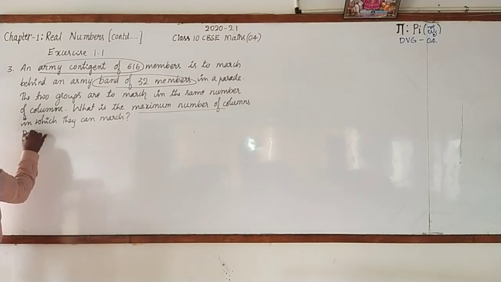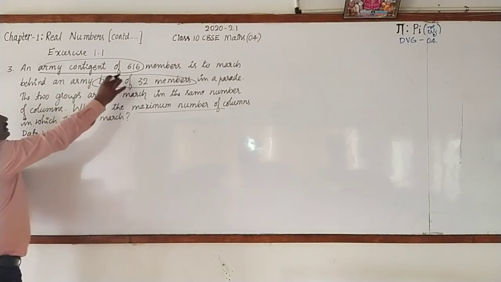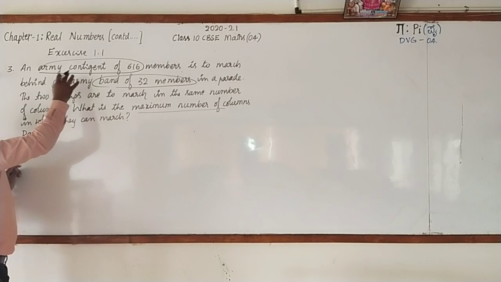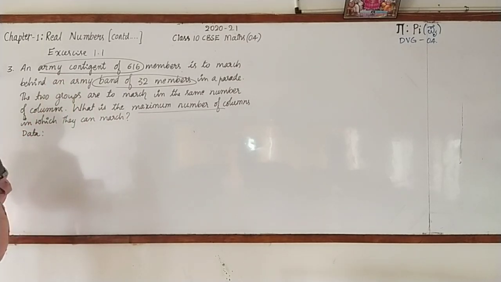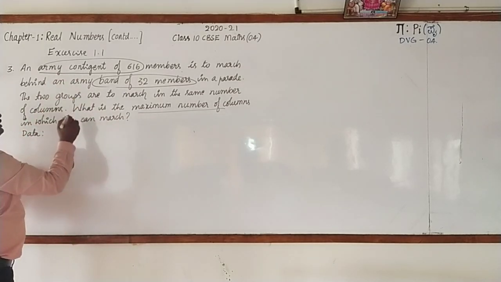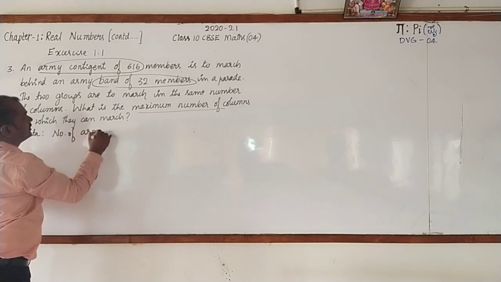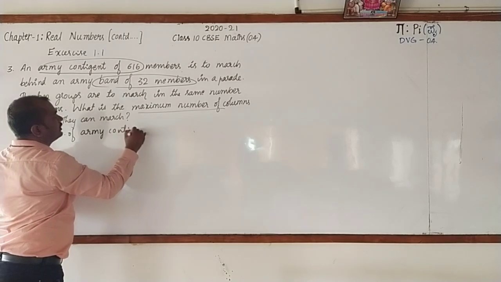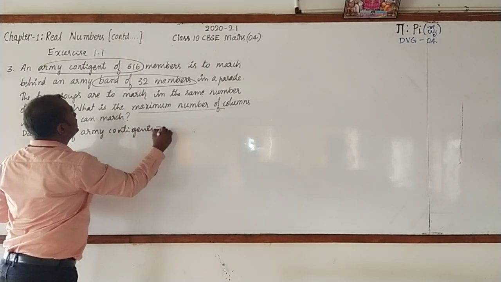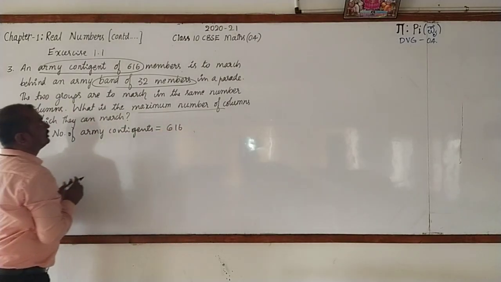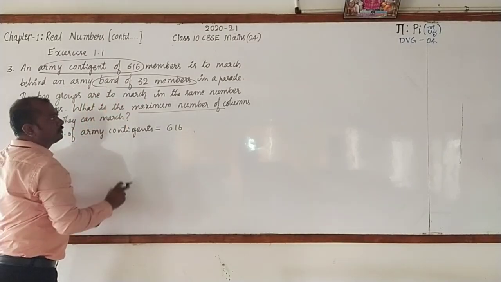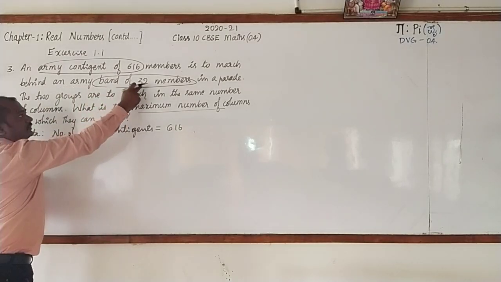Observe, don't copy. First, let us write the given information. Here, 616 members. What are they? They are the army contingent. So here, I'll write number of army contingent members is equal to 616. Then how many band group members are there? Here 32.